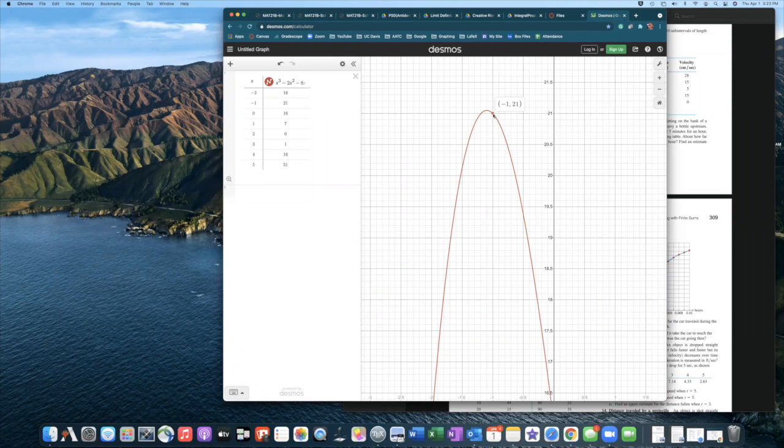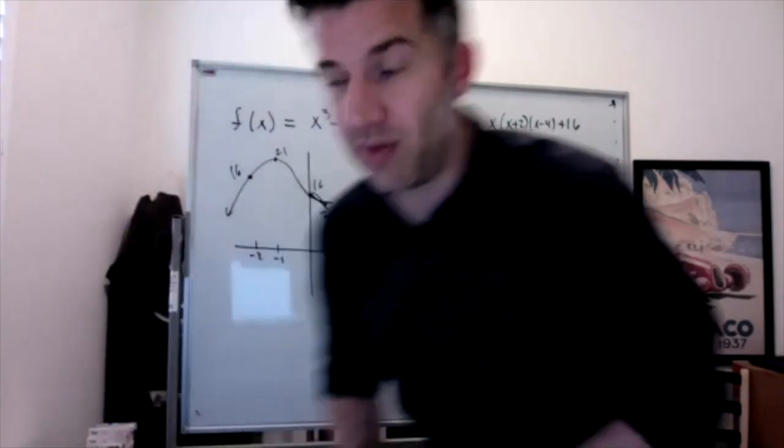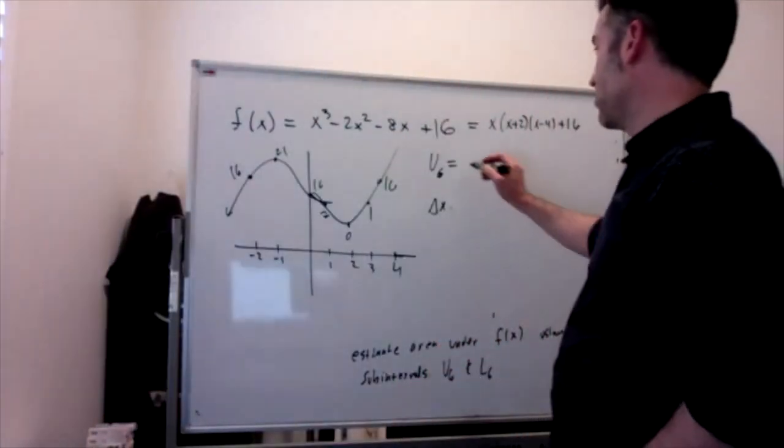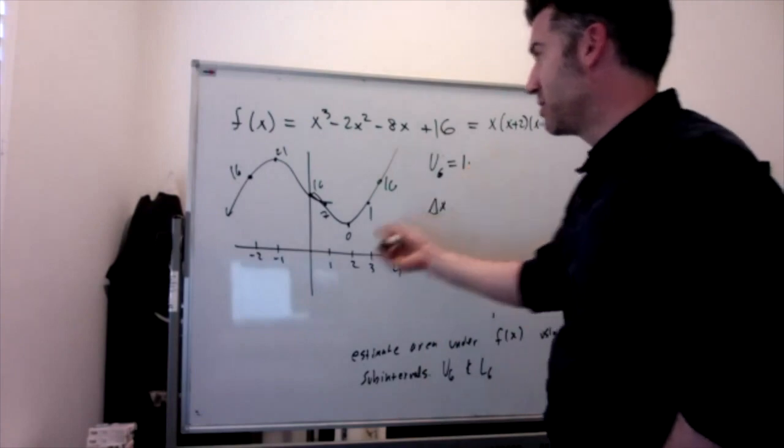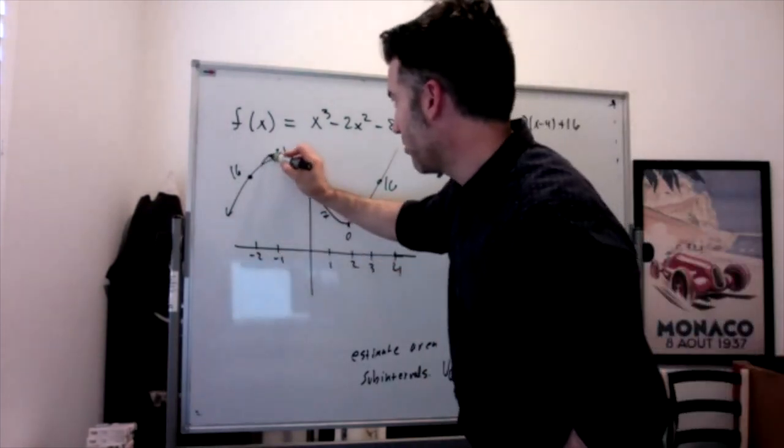In the interval from -2 to -1, it actually looks like that's the highest point right there. That's a bummer. So really, if I wanted to find the upper sum using 6 subintervals, my first one would be 1 times... there's actually some slightly higher point right here.